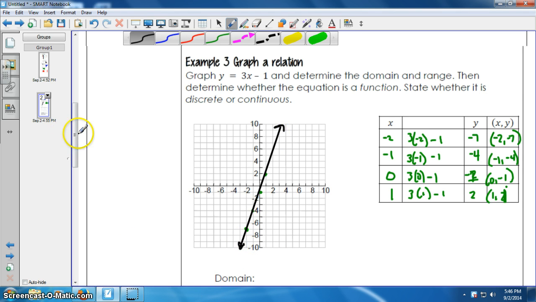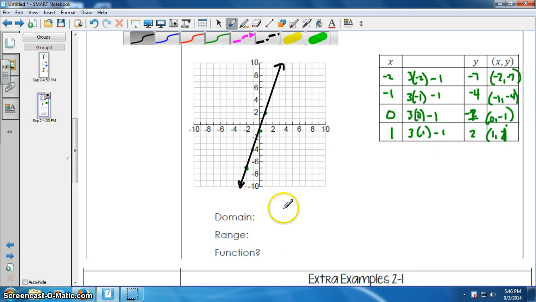So if we were to write out our domain just of those values that are on there, technically our domain is going to be all real numbers, because for any number I plugged in.